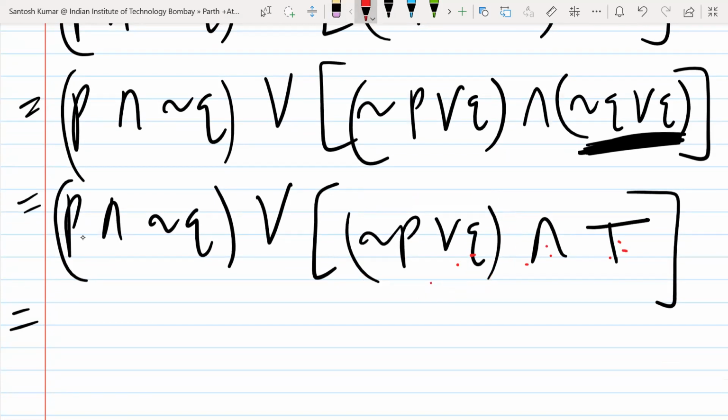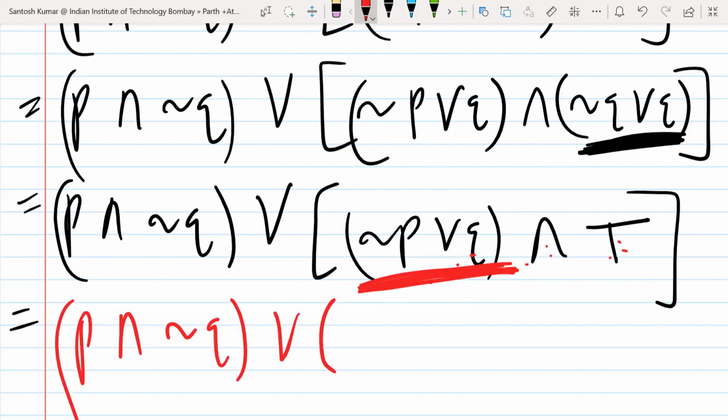So the answer will come according to whether this statement is true or false. There was a formula that P and true is equivalent to P. So if P is true, then true will come; if P is false, then false will come. So it depends on P. That's why we have here not P or Q.